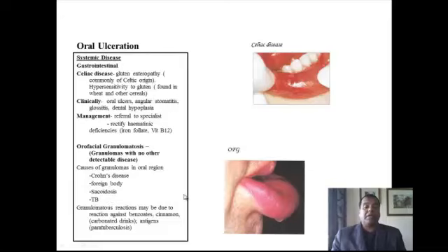And the orofacial granulomatosis may occur due to a reaction to benzoate, cinnamon, carbonated drinks, antigens such as paratuberculosis. And so what you see clinically is a swollen lip or other parts of the oral mucosa, which, if you took a biopsy, would show these granulomas deeper in the connective tissue.